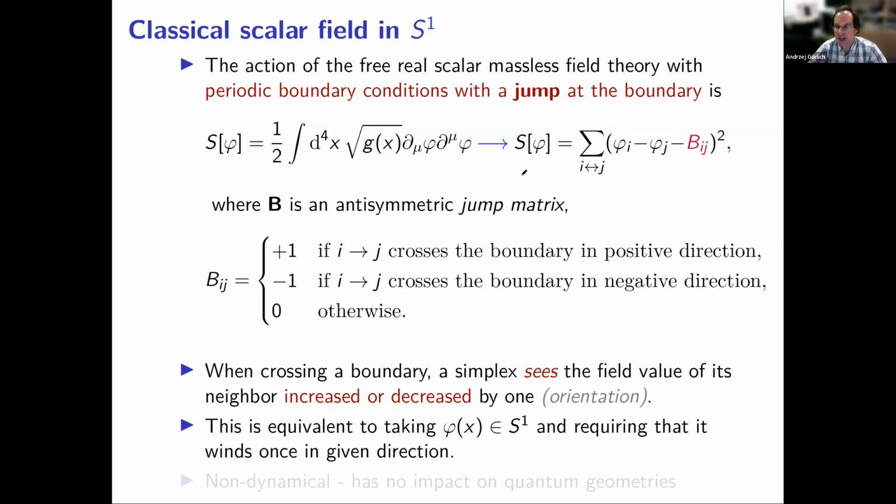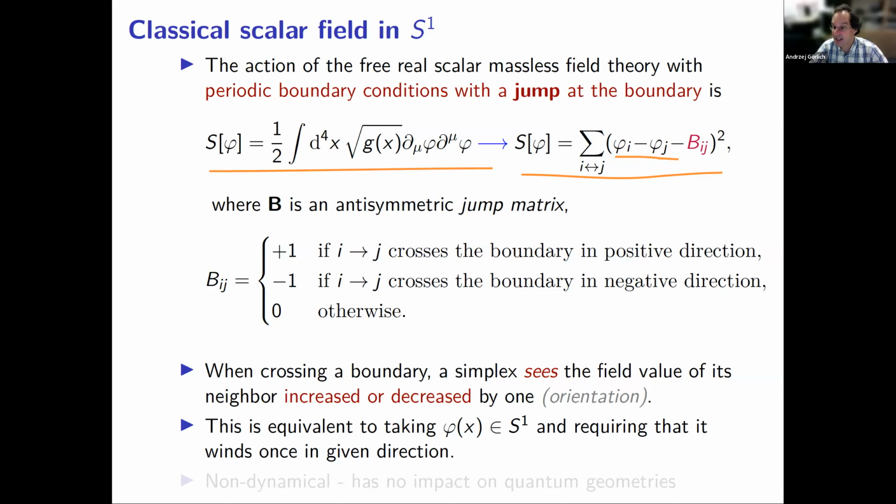If you discretize the continuous action, you just get a sum over all neighboring simplices, and you take the square of the differences between the field values.